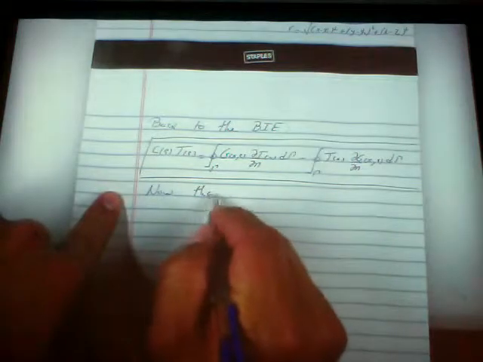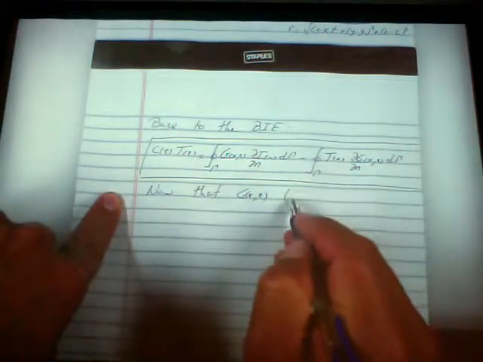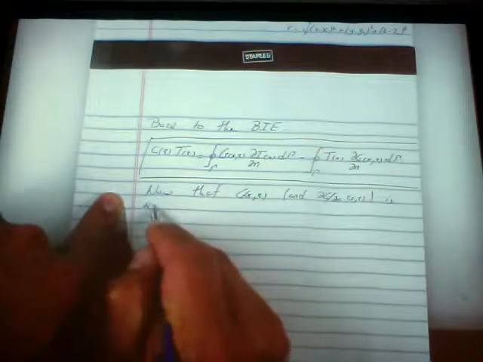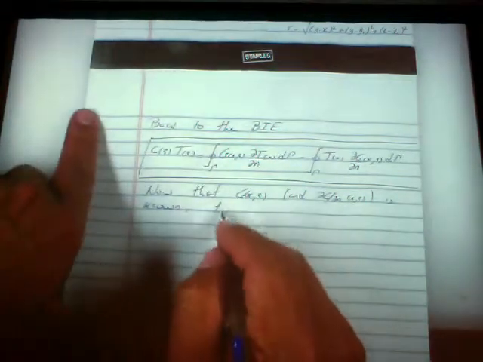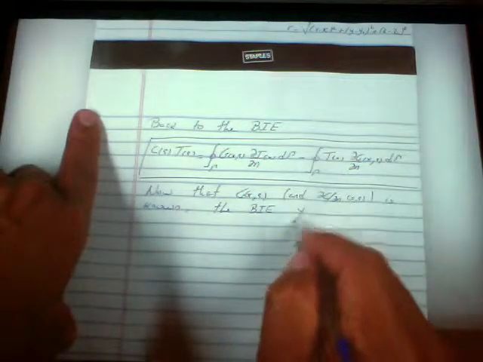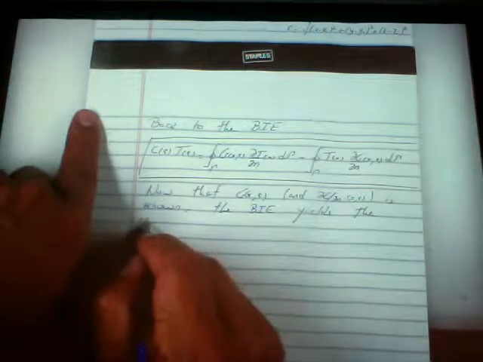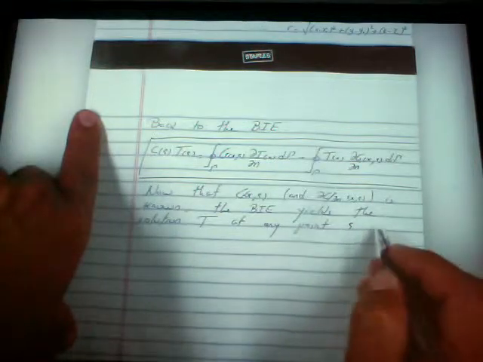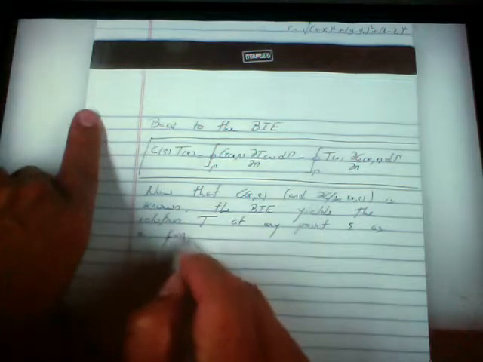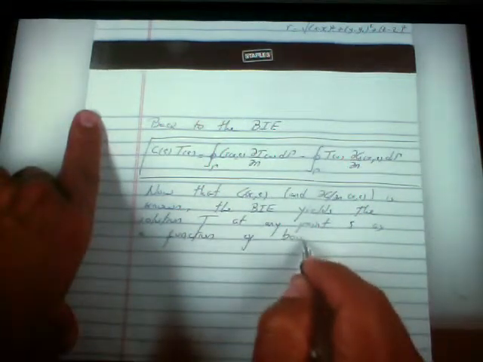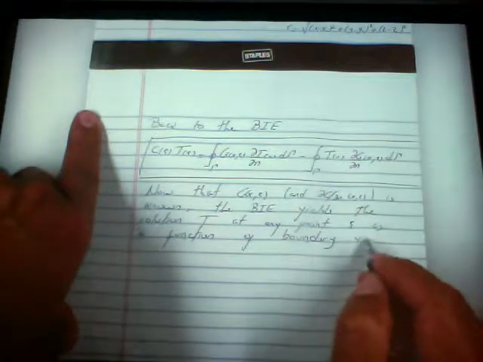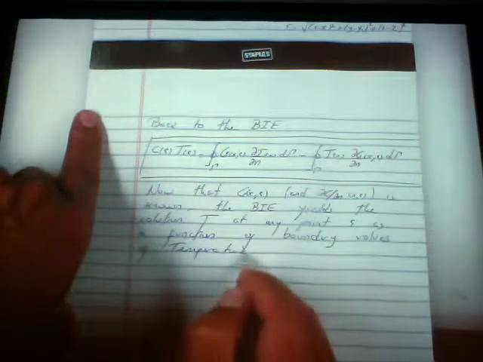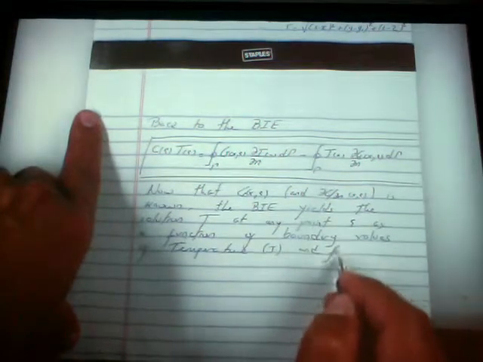Now that g of x and xi and the dG/dn of x and xi are known, the BIE yields the solution T at any point psi as a function of boundary values of temperature T and flux dT/dn.